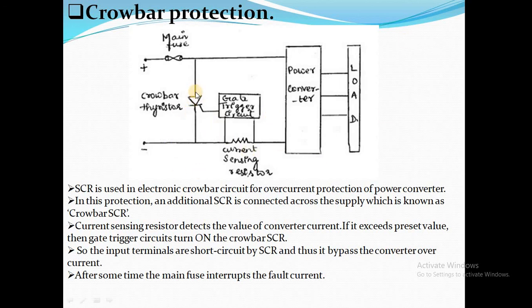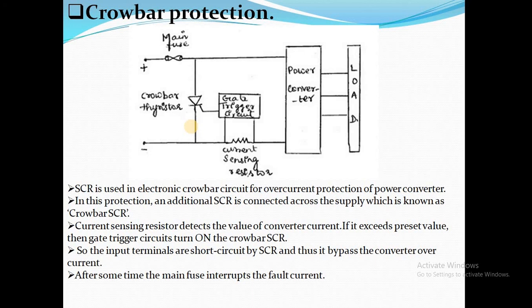Once this thyristor turns on, the current changes its path through the SCR and it protects the converter circuit against the overcurrent. After some time the main fuse interrupts the fault current. If the current is at maximum, then the main fuse blows off and it protects the crowbar thyristor also. In this way we can protect the converters or the thyristors from the overcurrent.